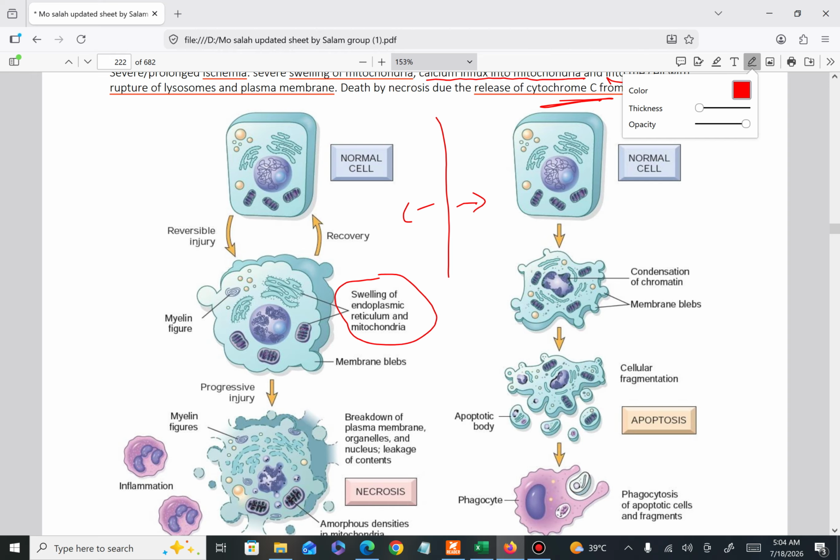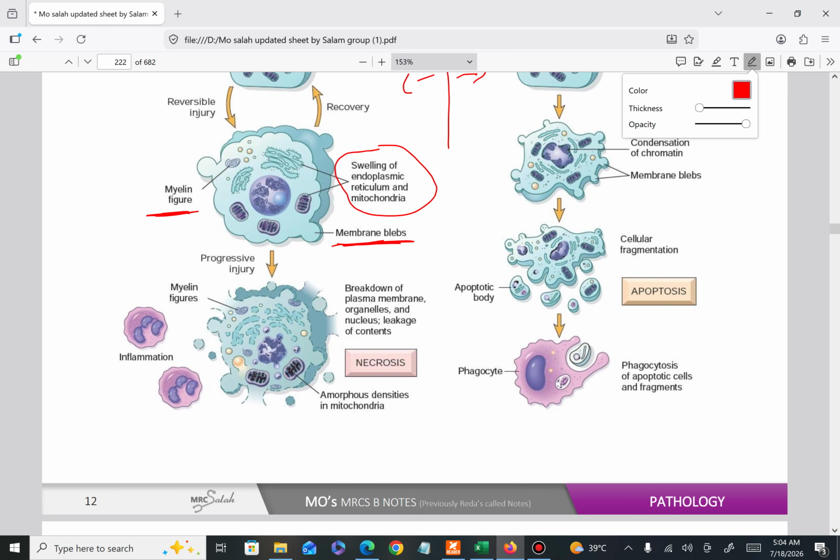Membrane blebs and myelin figures are also formed. Then there is breakdown of the plasma membrane and organelles, and the cellular contents leak out of the cell.